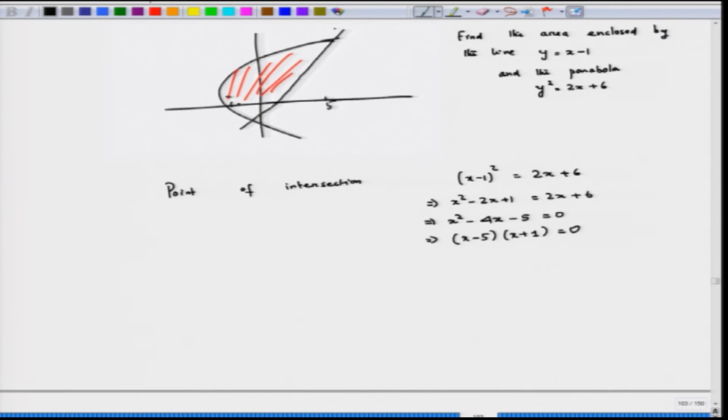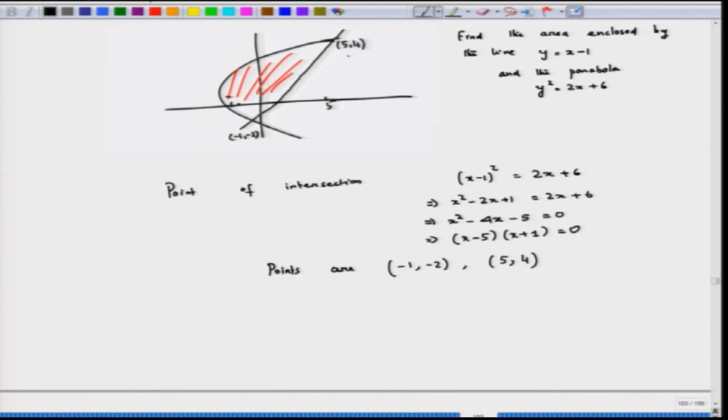So, this is x equal to minus 1, and then this is x equal to 5. So, the points are what? If you take x equal to minus 1, then y is going to be minus 2, because y equal to x minus 1, and if I take x to be 5, then y is going to be 4. So, these are the points: minus 1, minus 2, and 5, 4.